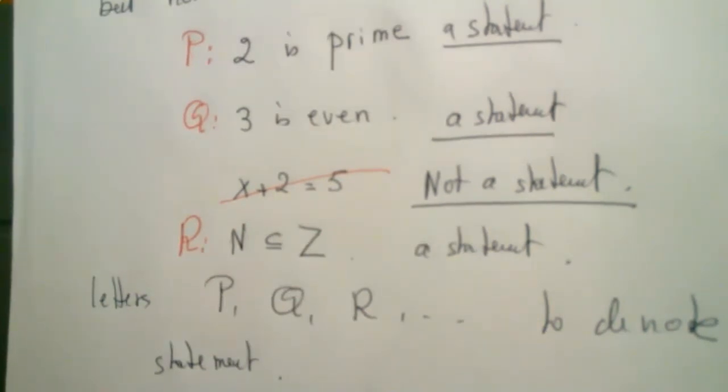Now, to every statement, we will assign a value. We will assign the value T if the statement is true, F if the statement is false. So every statement, because it's true or false, has only two values.